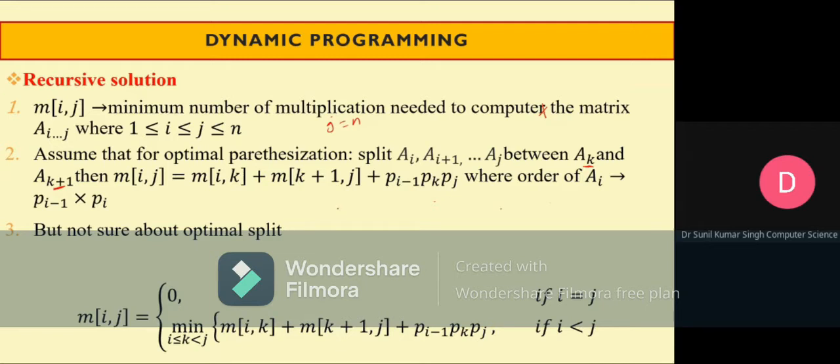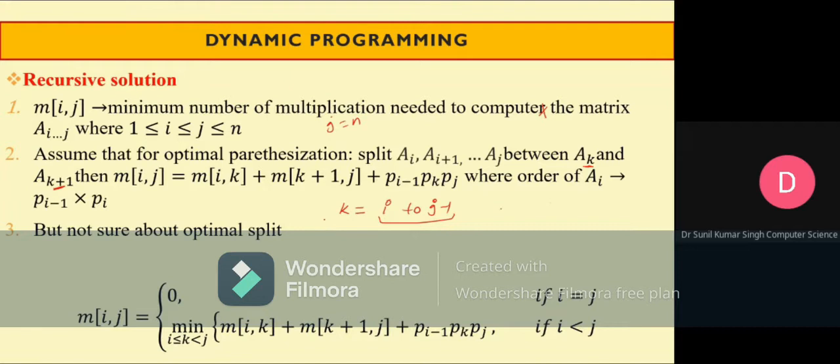That means it can split from anywhere before j. So there are many possible values of k, from i to j minus 1.